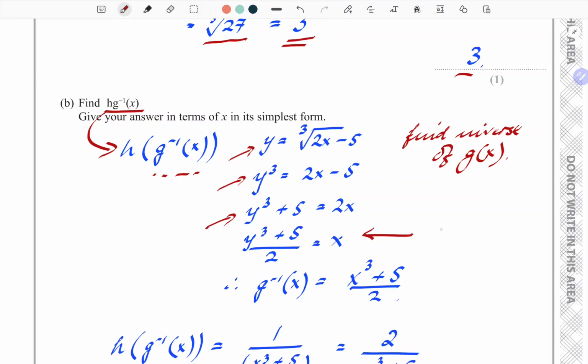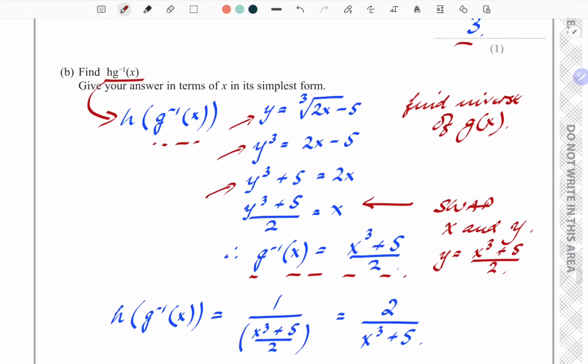And then you swap the x and y, and that effectively gives you y equals, or the inverse of g, equals x cubed plus 5 over 2. So replace the y with the x, and we get an inverse function of g. So inverse of g is x cubed plus 5 over 2.